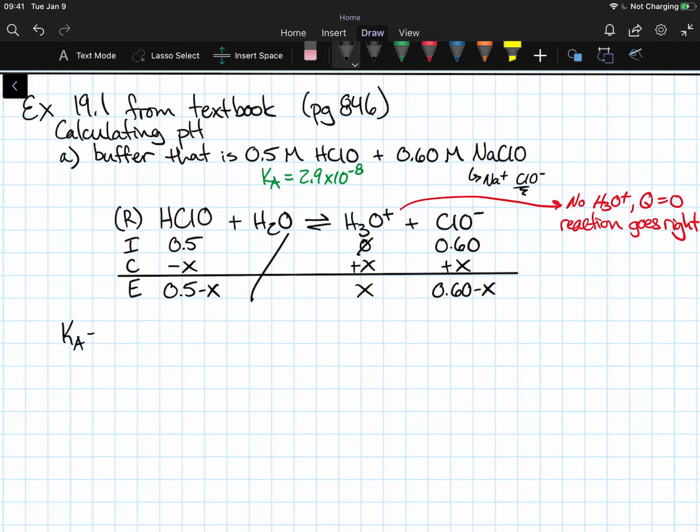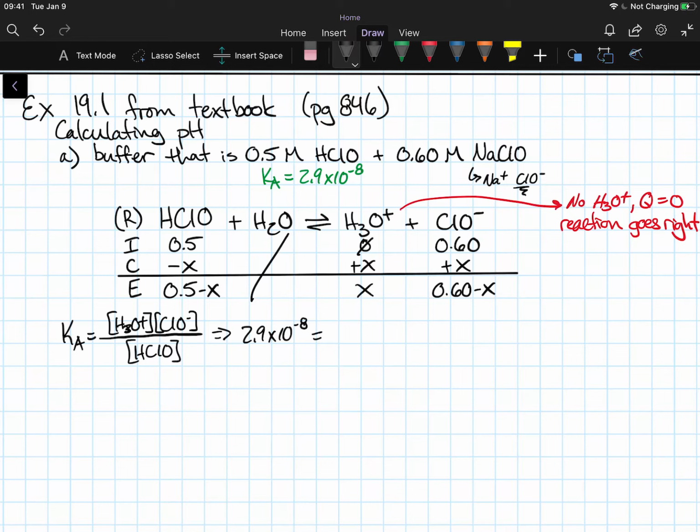We always ask ourselves, what is Ka in this case? It's always products over reactants. And so we'll have H3O plus and the ClO minus over our HClO. We can go ahead and plug all these values in. We know Ka is 2.9 times 10 to the negative 8th.